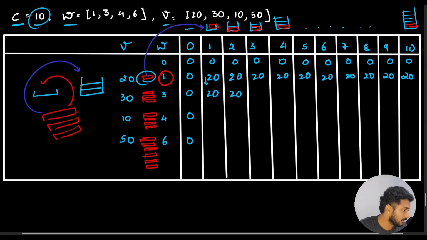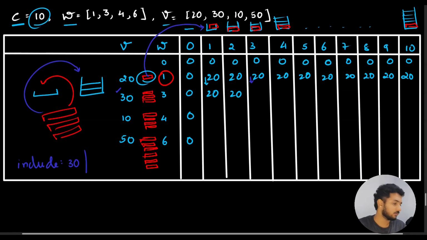See, on including them, I would get 30. If I include, I would make 30. If not, I will be making 20.